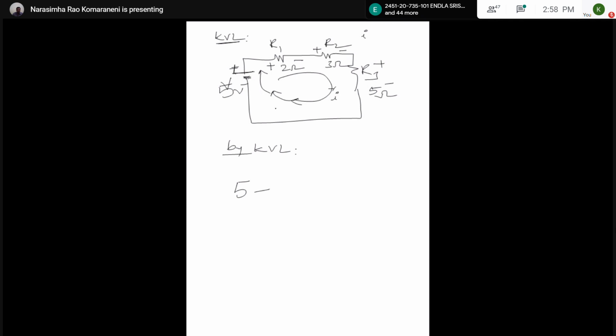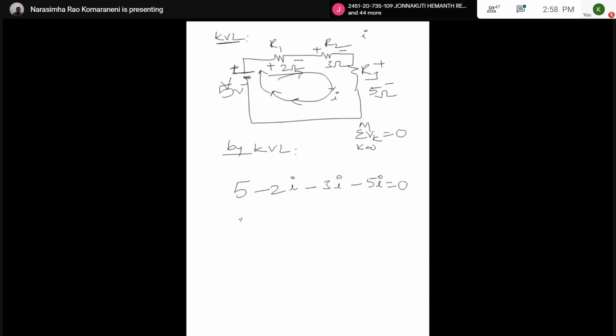Similarly, next one, see here. What should be the value of this one? This resistance value into I, that is 2I minus 3I minus 5I is equal to 0. According to KVL, the algebraic sum of voltages in a closed loop is equal to 0.